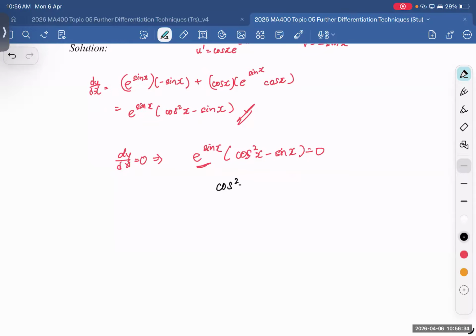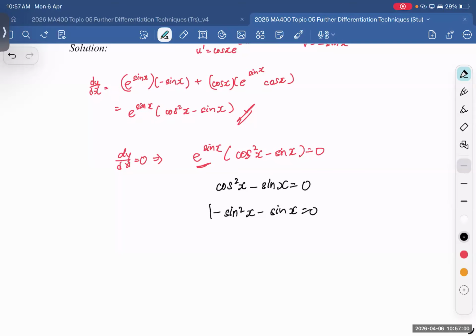So cosine square, and Isabel is also paying close attention. How do I solve this? Make what the same? Sine. Make the variable the same. Very good. Now you all know what to do already. Can I solve this?